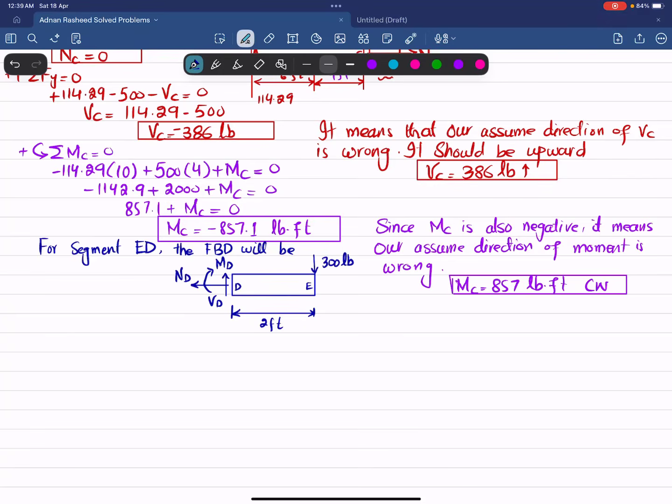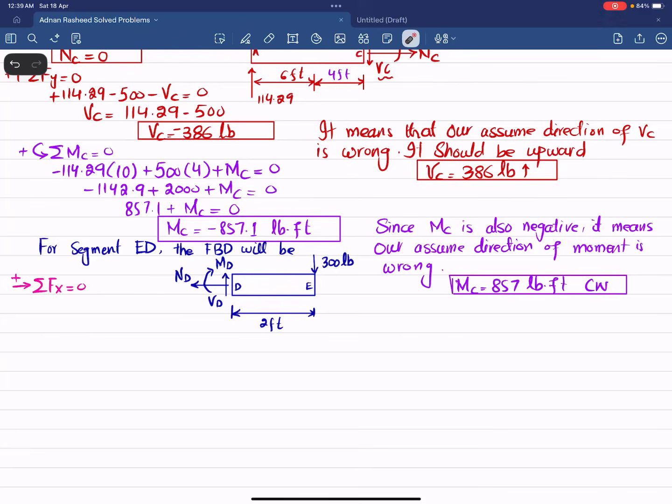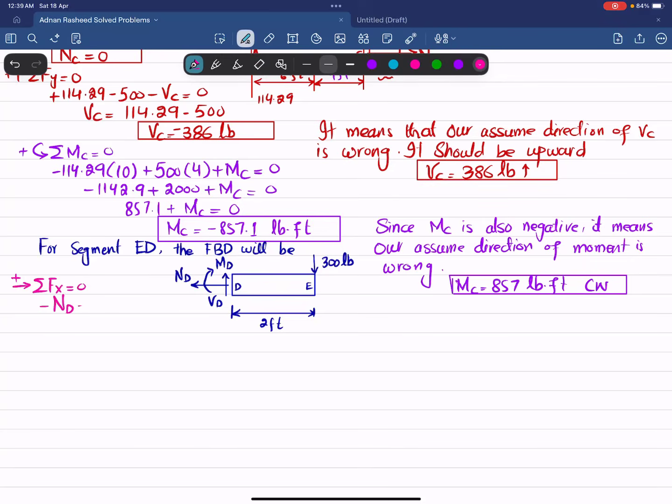Now we will apply the equations of equilibrium. The first equation is that sum of all forces along x direction must be equal to 0, and force toward right is taken as positive. There is only one normal load acting in x direction, but it is opposite, so it will be negative, and there is no other horizontal force, so ND is equal to 0 pounds.